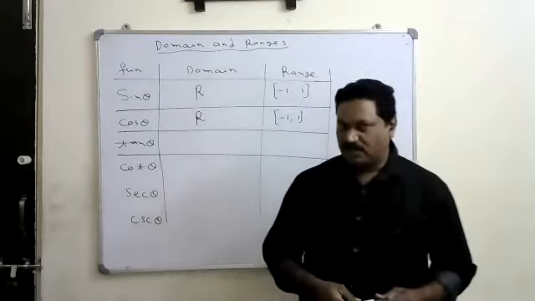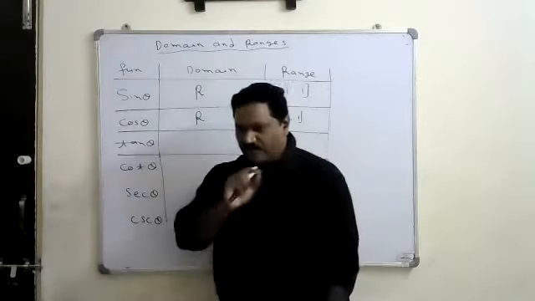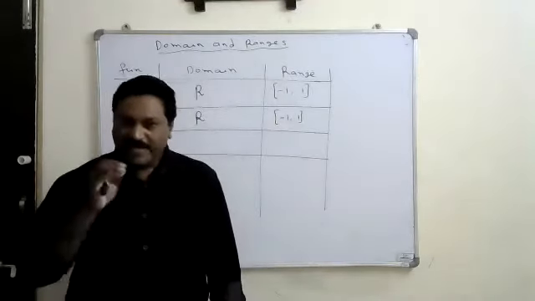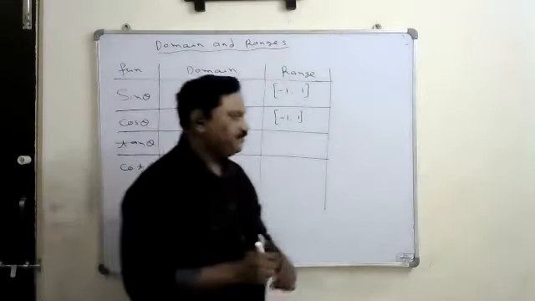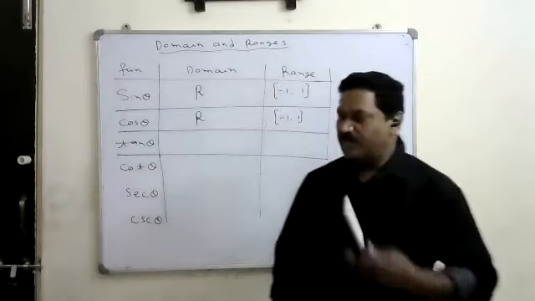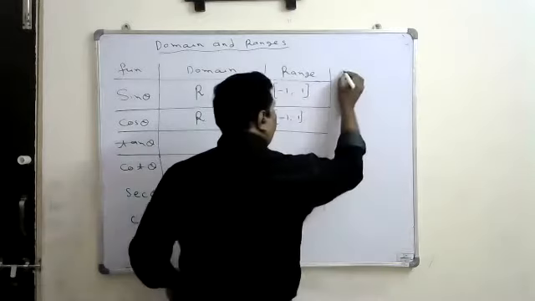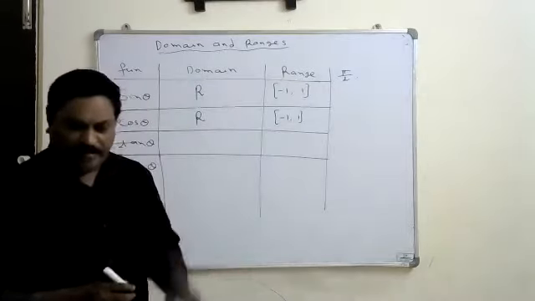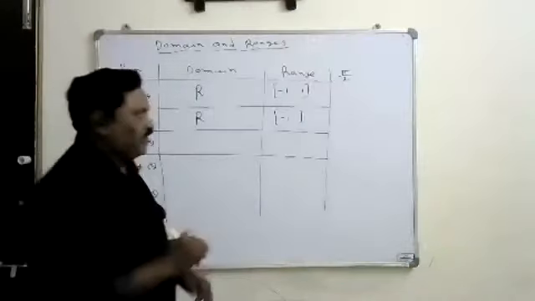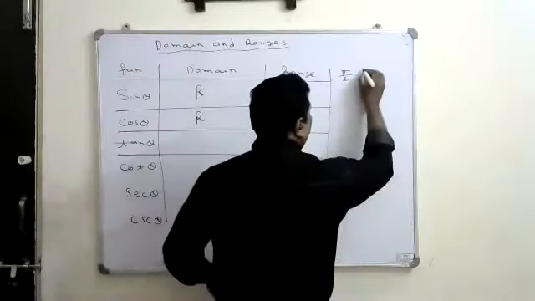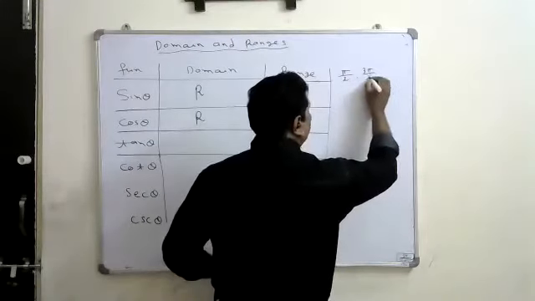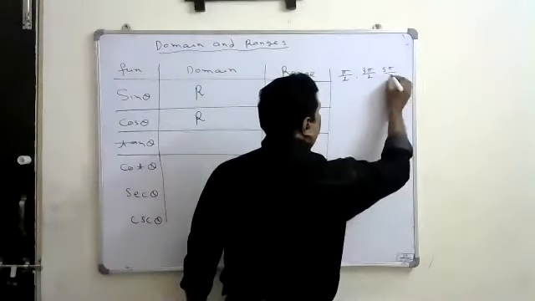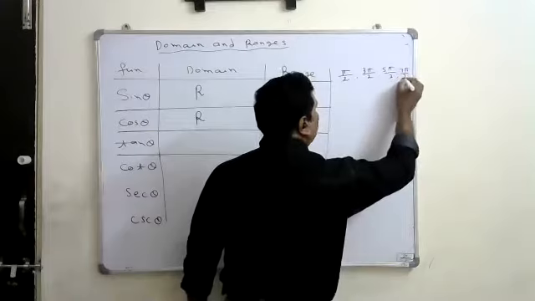Now if you come to tan theta, once observe the values of tan in the tabular column. For what angle is tan giving not defined? 90 degrees. Tan 90 is not defined. Similarly, tan 270, that is 3 pi by 2, is also not defined. Similarly, 5 pi by 2 and 7 pi by 2 are also not defined.